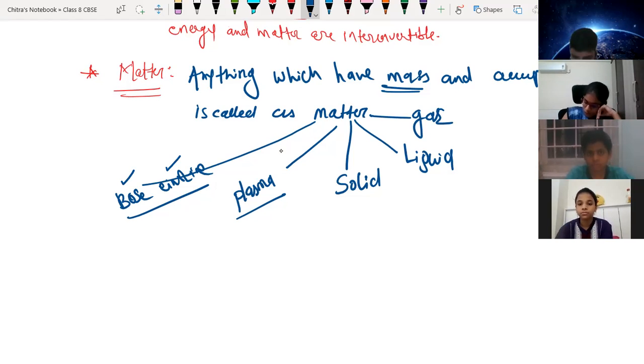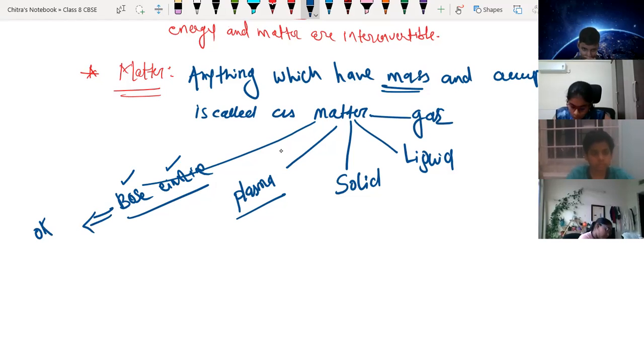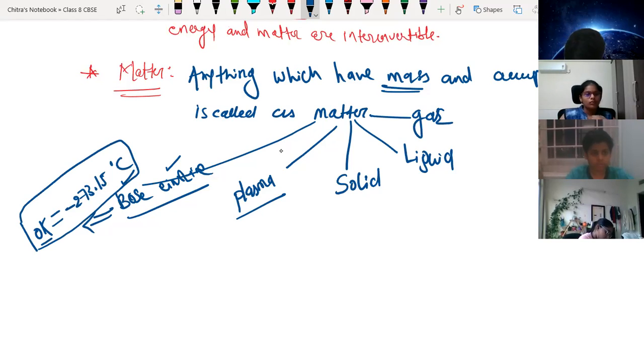See here, whatever matter we have at 0 Kelvin, which equals negative 273.15 degrees Celsius, any matter at that temperature and below will be in the Bose-Einstein state.